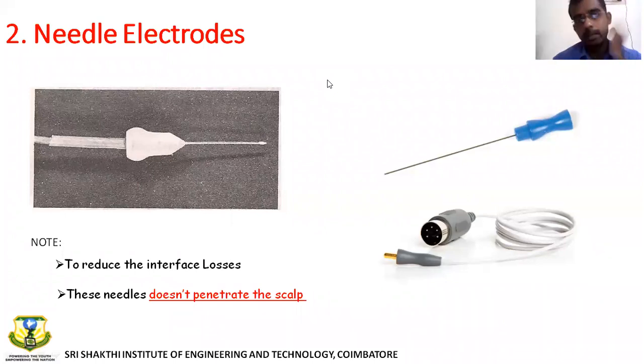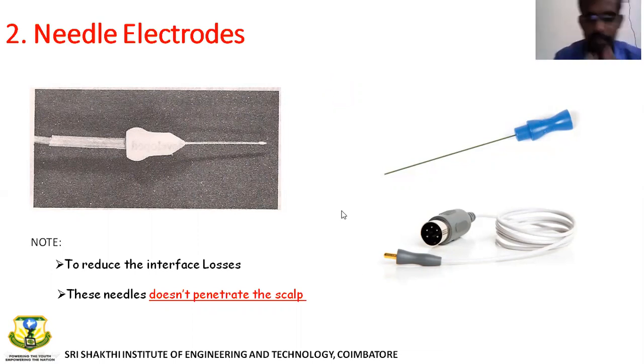In EEG there will be so many electrodes placed. Sometimes they use surface electrodes, sometimes they go for needle electrodes. When it is for continuous monitoring, they will not go for needle electrodes. They'll shave and try to keep the surface electrodes. In some cases, where it's temporary, you will keep needle electrodes and try to measure.